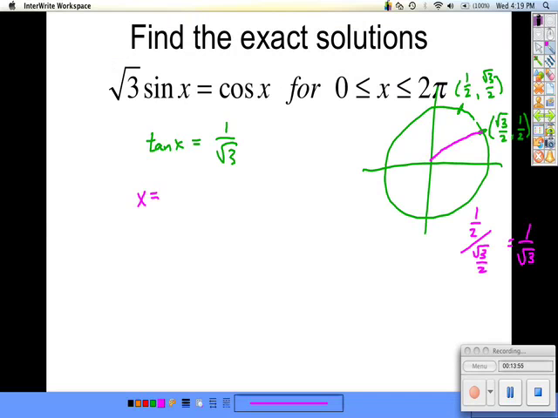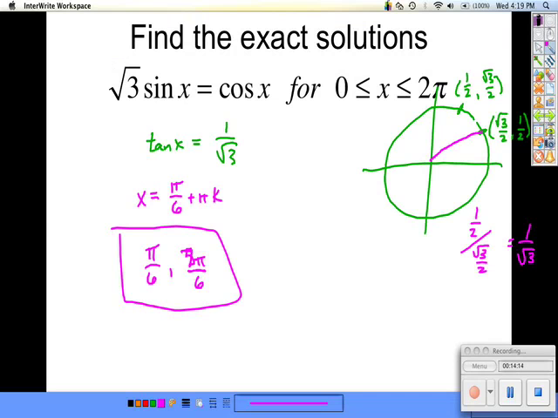So x is equal to pi over 6 plus multiples of pi. So within our unit circle, we have pi over 6 as a solution, and also 7 pi over 6. 2 solutions for this equation.